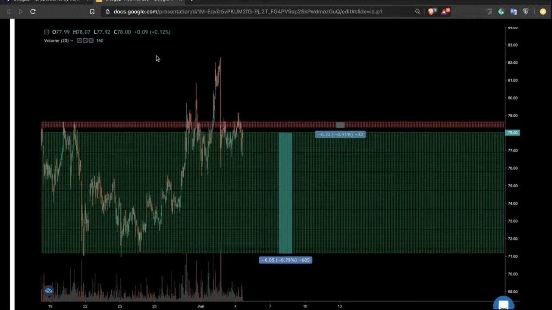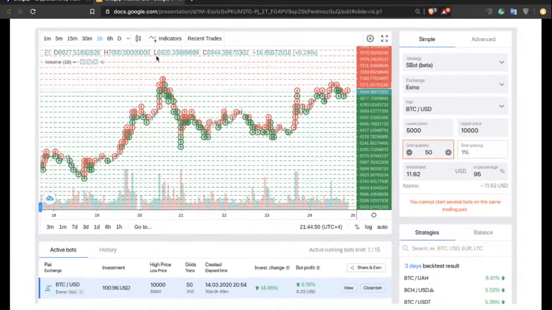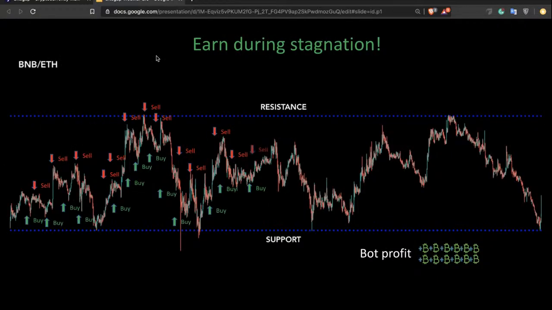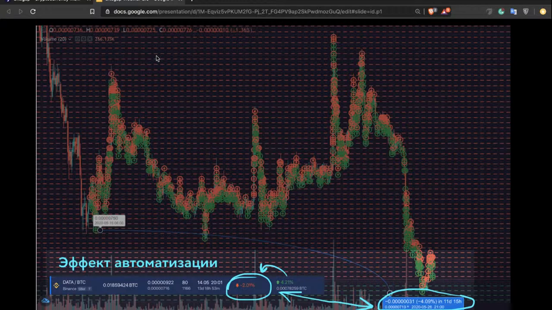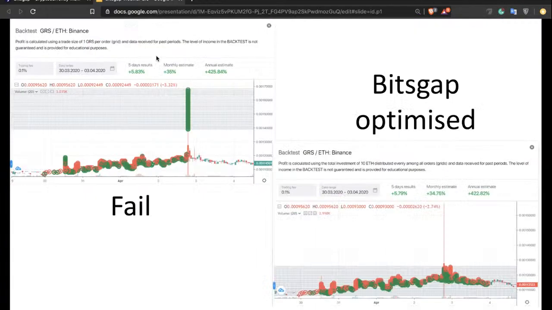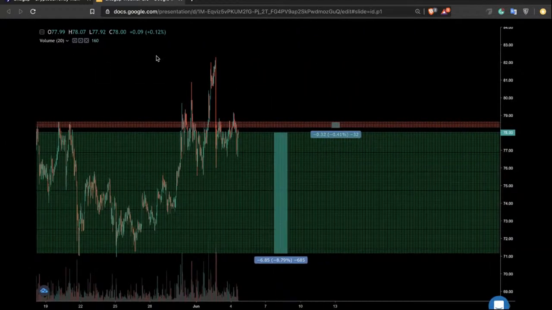Remember that I showed you the chart and the spacing. The spacing for the scalper is the lowest in comparison with the S-bot and the classic bot.